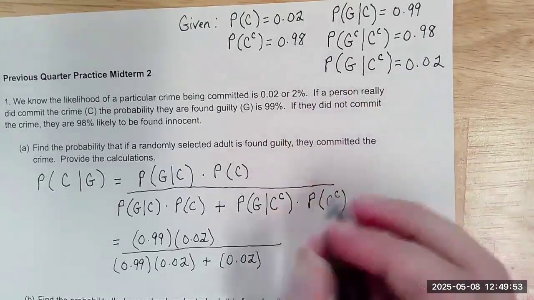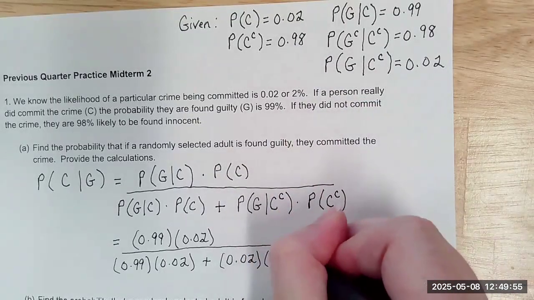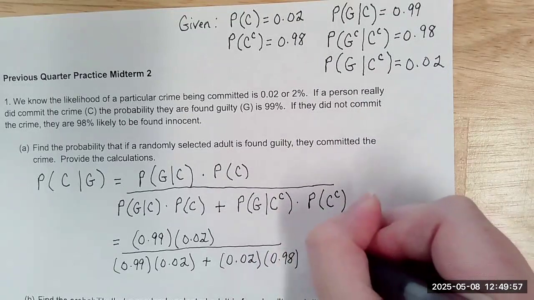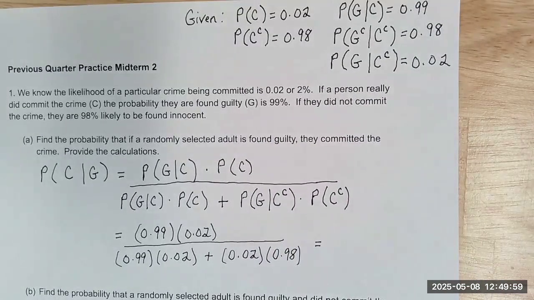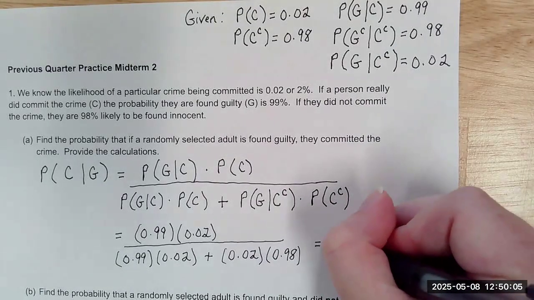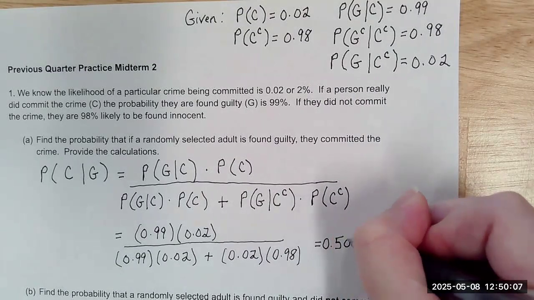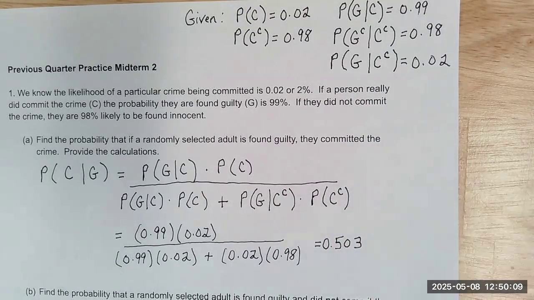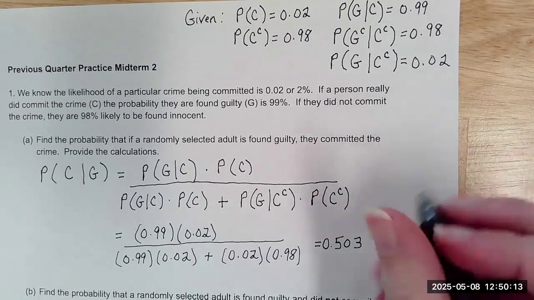And probability of C complement 0.98. And if we multiply that all out, we get 0.503, or approximately 50.3%.